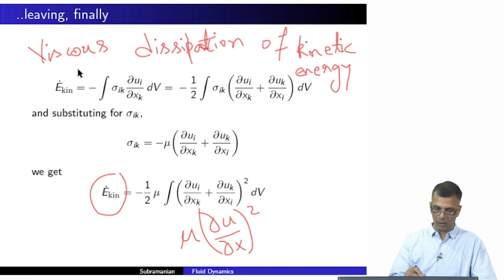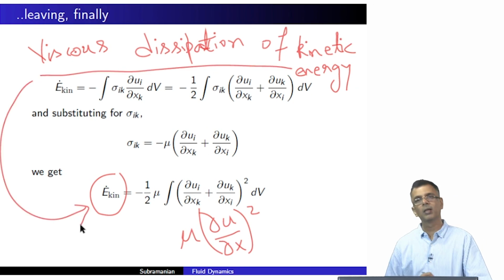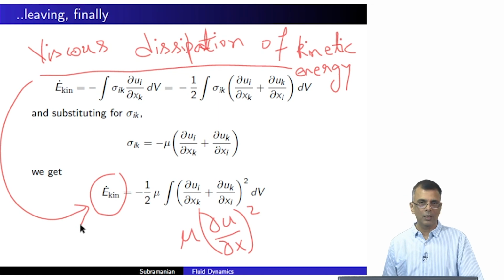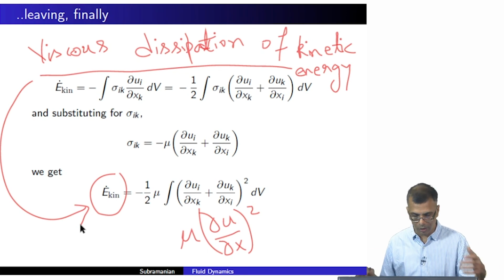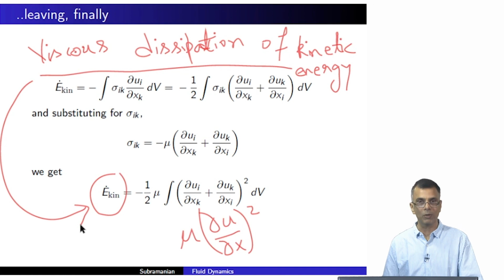This whole thing. So there you have it. This is how the energy equation is modified in the presence of viscosity. And we're done with this section of the course, and we'll proceed to other topics from now on.